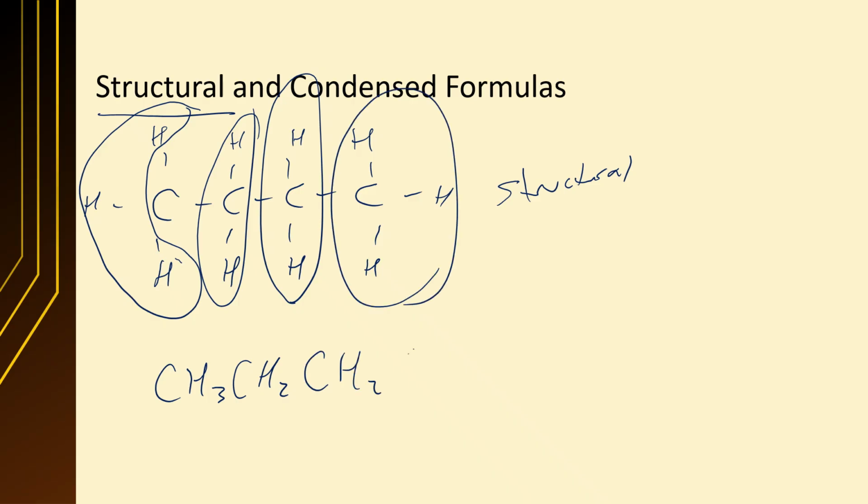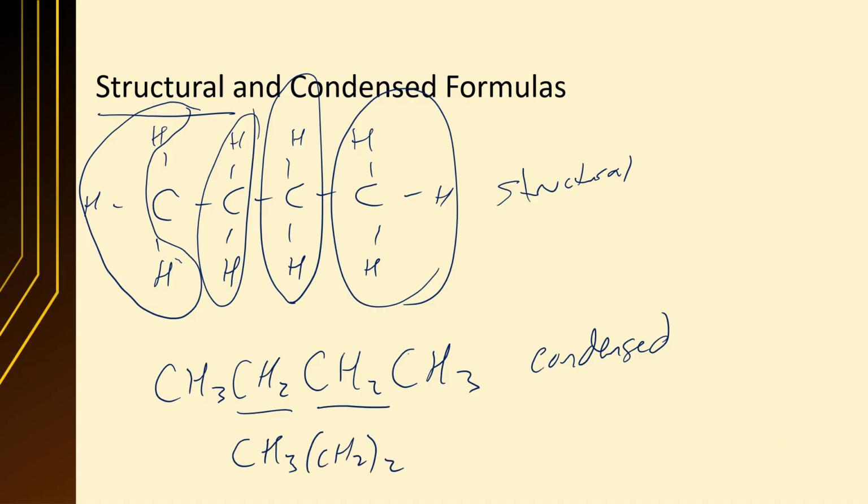And the last carbon has 3 hydrogens again. This would be a condensed formula. Sometimes we'll condense it even further. When you have something that repeats, you would say CH3, (CH2)2, CH3. Either of those would be considered condensed formulas. That still gives us an idea of how they're hooked together, but does not show every single bond drawn out.